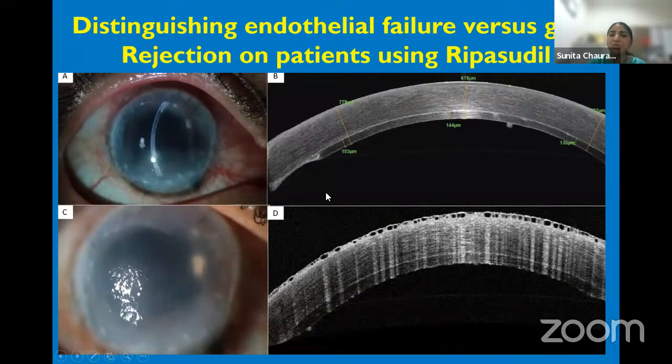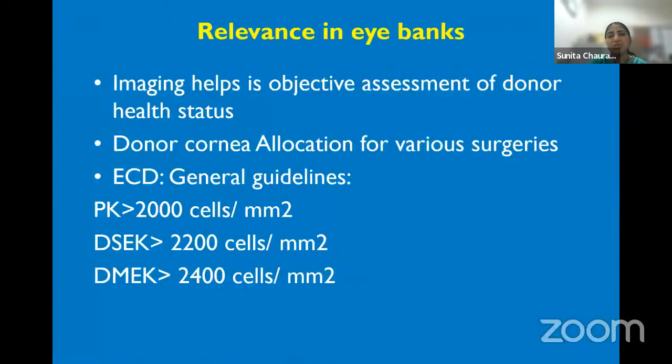So unless we know the pre-operative endothelial count, or at least the previous visit endothelial count, we will probably treat these patients as rejection. But in a patient who has low endothelial cell density, we know what the edema could be because of. It's possibly not because of rejection, but mainly because of low endothelial cell density, and Ripasudil helps manifest the epithelial edema in such eyes.